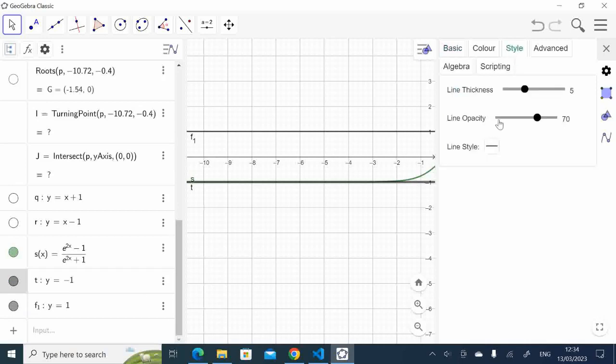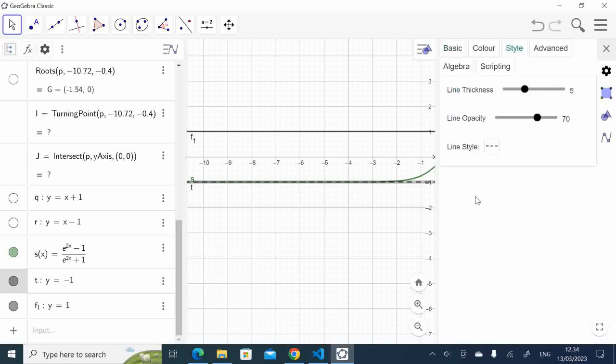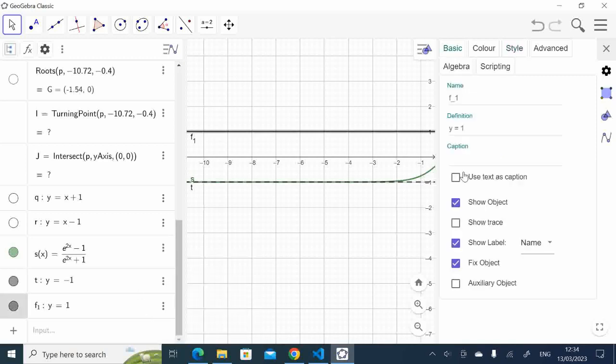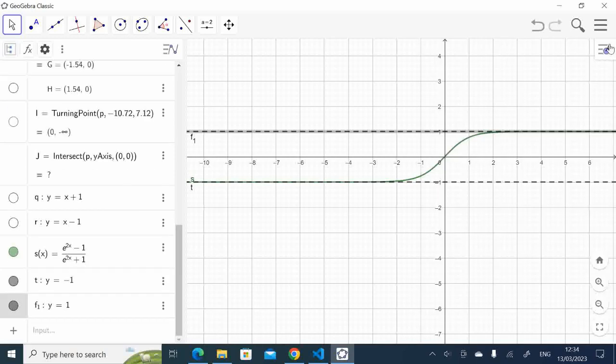This is the first asymptote and this is the second one. So this is the graph of the function.